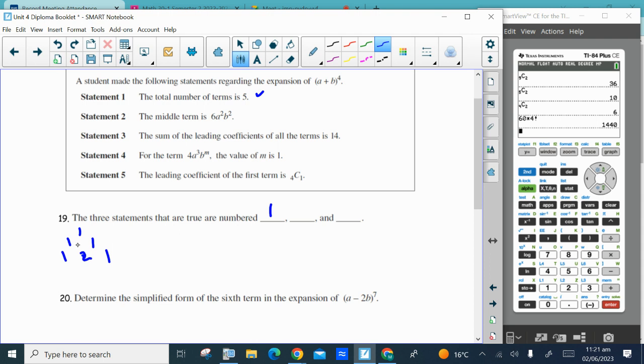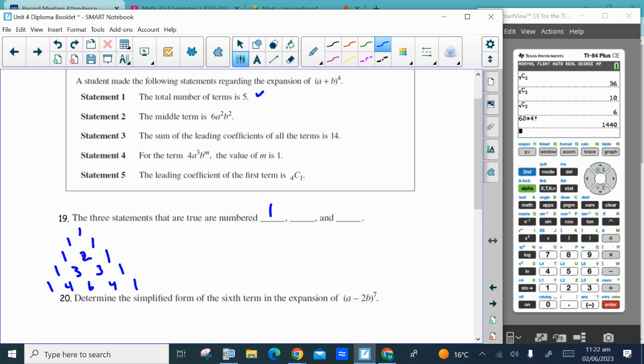The value of n there is 4, so we're looking for the row that has 5 terms. The other thing you can look at is that the second term has to equal n, which is 4. So that middle coefficient is 6, so that part is correct.